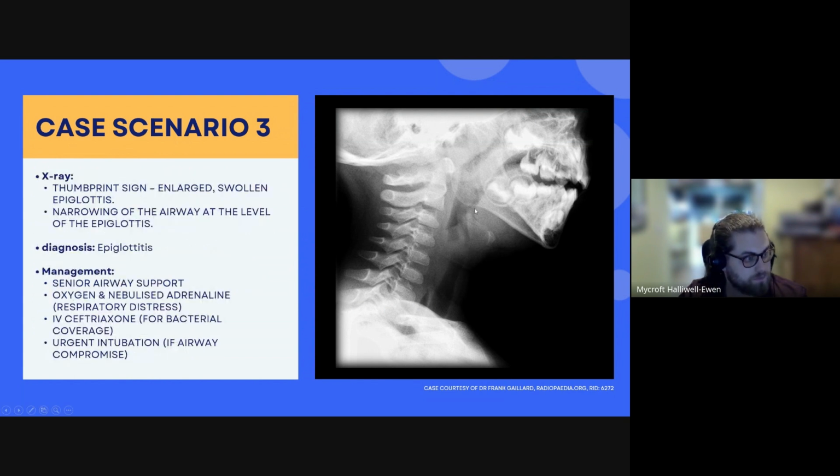Yeah. Happy we can see the signs? Yeah. Just about see the airway narrowing at least.